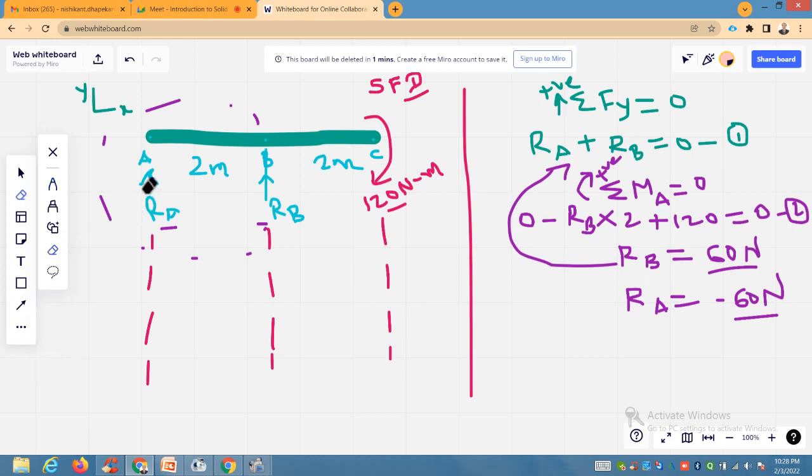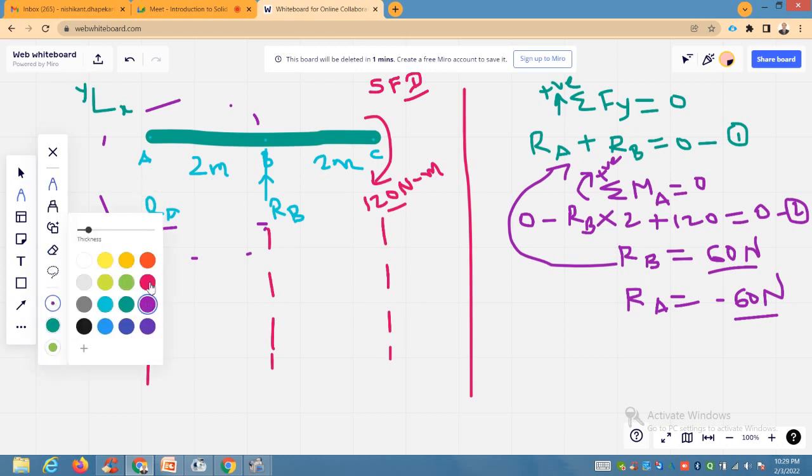Now the problem is this RA you are getting minus 60 newtons. So minus 60 means our assumed direction is wrong. We have assumed the reactive force during calculations in upward direction.